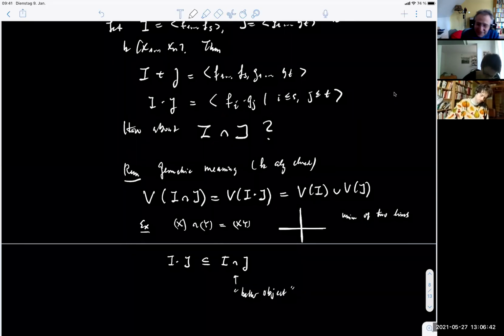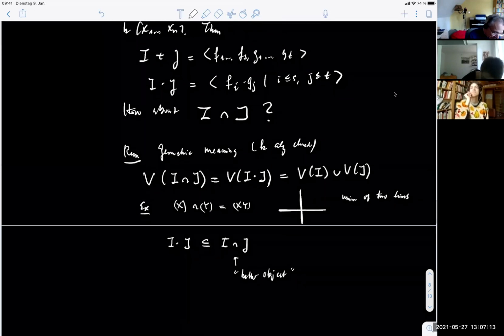But something that is nice is, if you have radical ideals and you intersect, then we have a radical ideal. So in a way, this thing contains the complete information about the ideals. If you just look at the zero sets, you don't see the complete information. Sometimes you lack some multiplicities and so on. Whatever. So this is motivation.